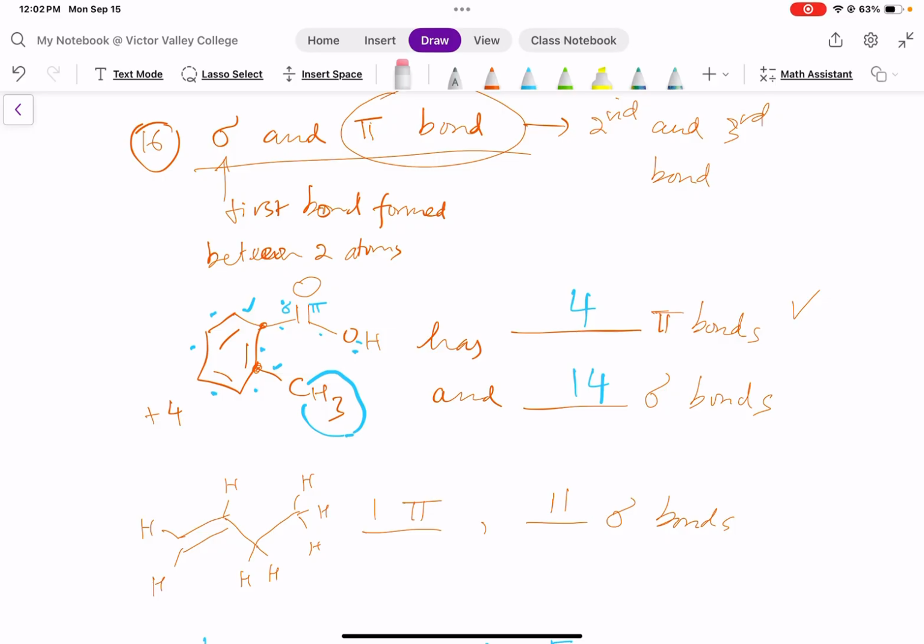I mean 3 from the methyl, 4 from the ring. Actually, what I mean is 4 from the ring for the hydrogens, and then the ring itself has 6. And the carboxylic acid has 1, 2, 3, and 4.